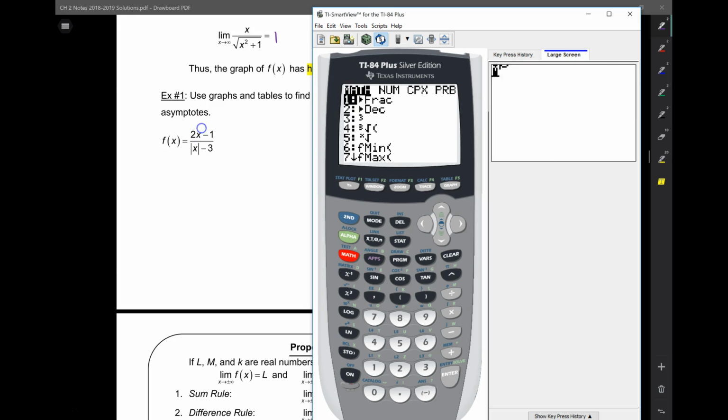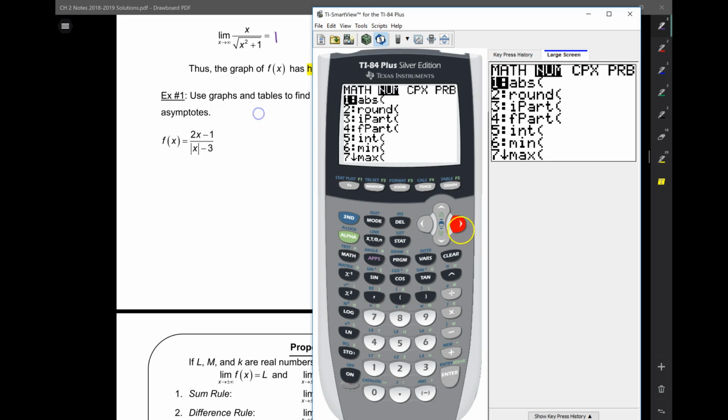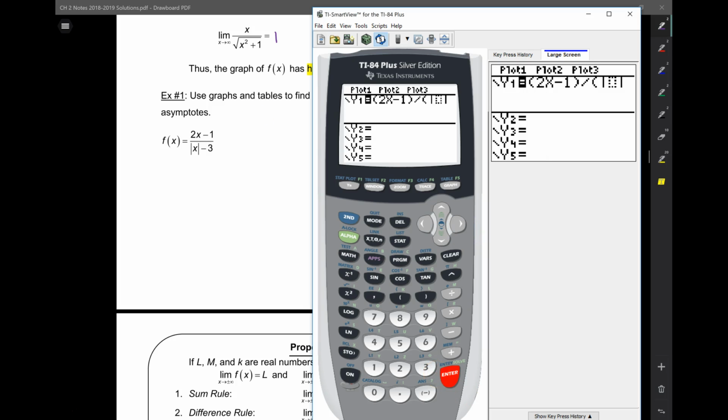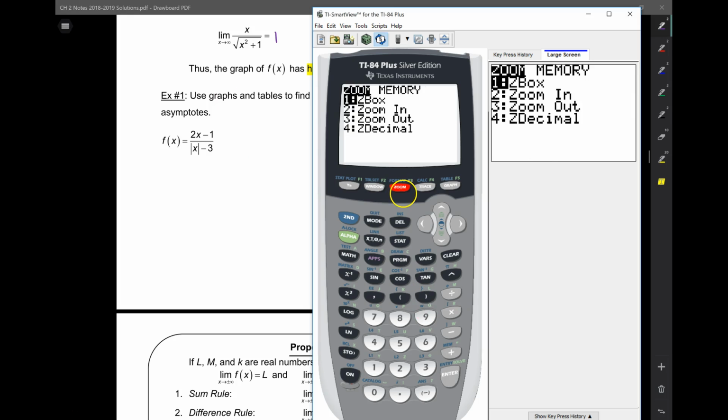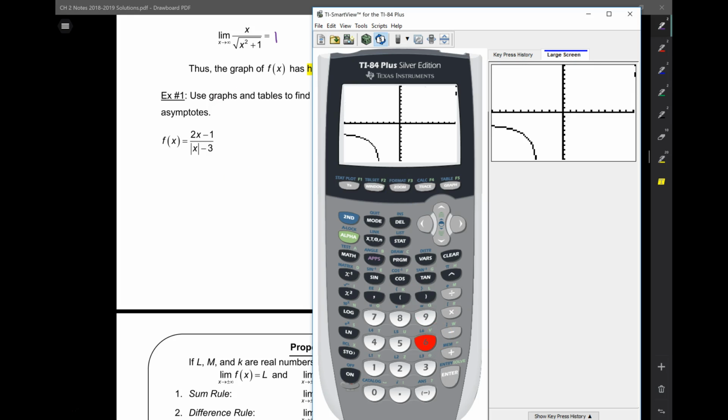Everybody knows where absolute value is? Yeah. Yay. Absolute value of x minus 3. Okay, zoom 6 because I don't know what my window was before.